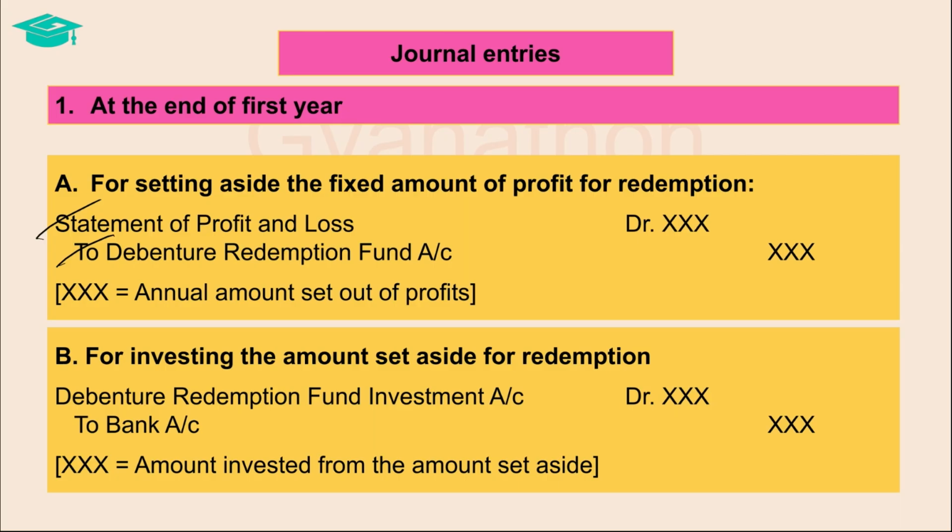The investment of the amount is done by debiting the debenture redemption fund investment account with the amount being invested. The corresponding credit is given to the bank account. Investments are an asset to the company, and so the debenture redemption fund investment account is debited. When the investment is being made, the money is going out of the company into the investments, and so the bank account is credited.